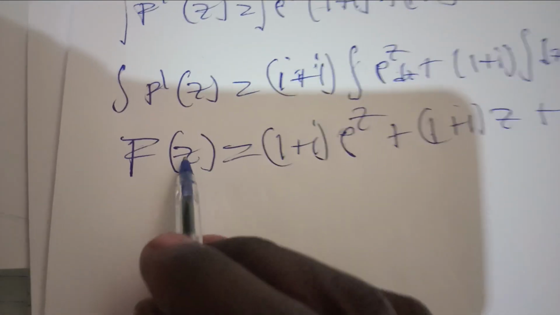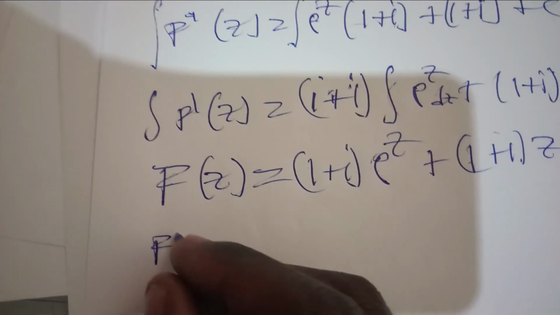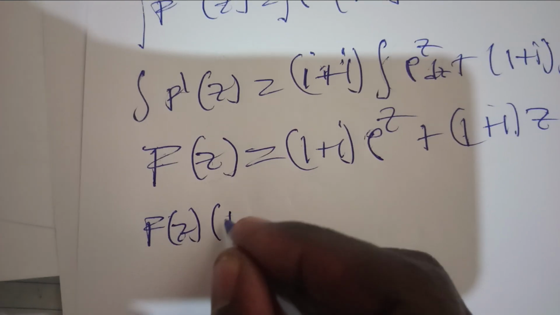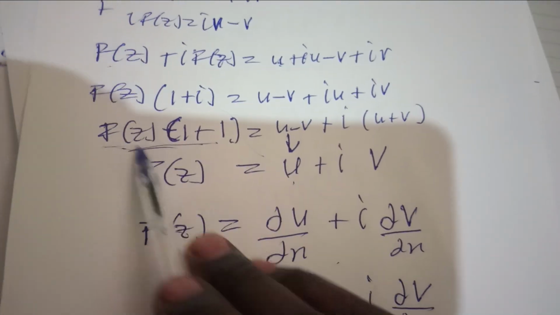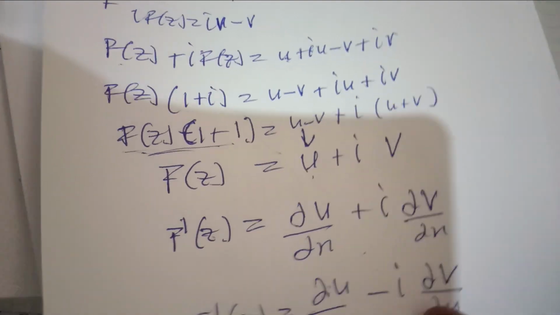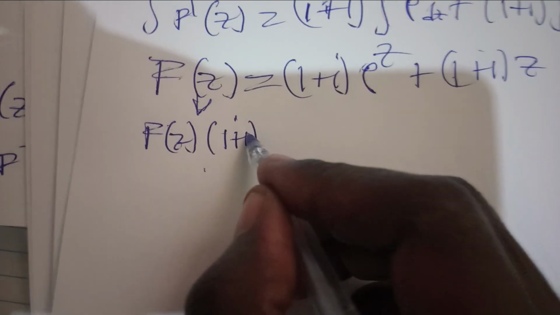Since we know that our big F is equal to u plus iv, from our beginning, as I introduced the lesson, I said that this part is equal to 1 plus i. So here we're going to replace this one with 1 plus i.